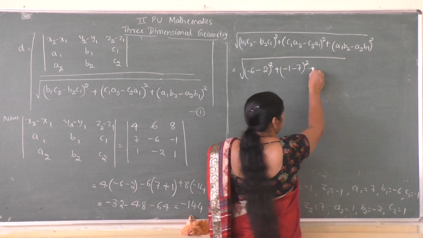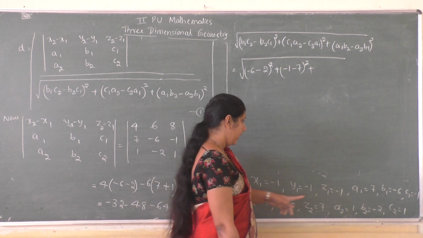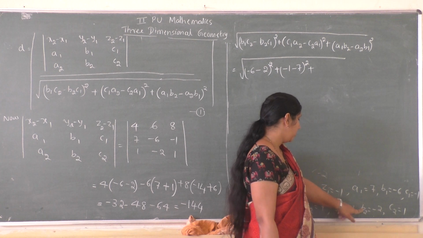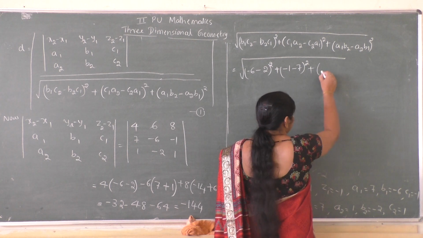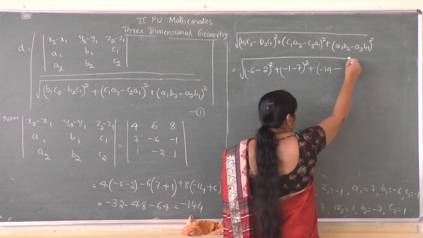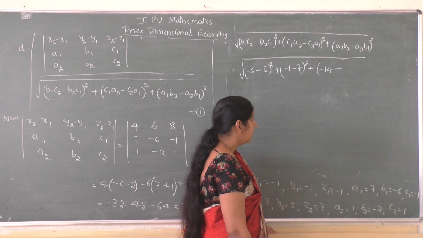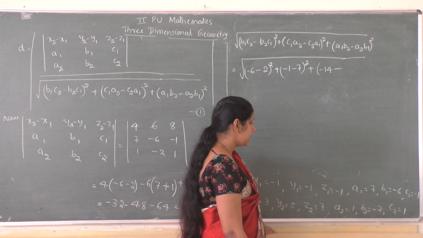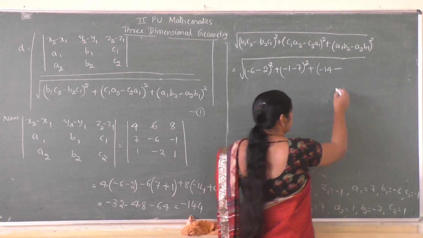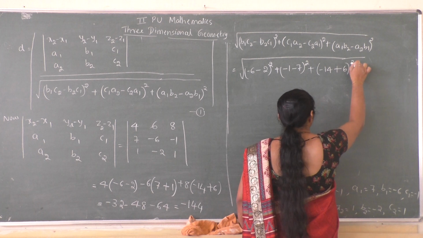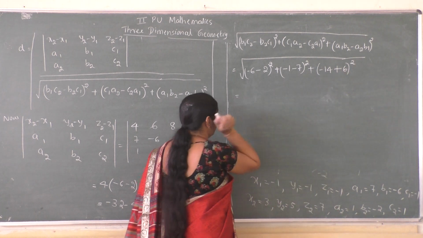Plus a1 is 7 into b2 minus 2, so it is minus 14, minus a2 b1, a2 is 1, b1 is minus 6, so plus 6, whole square.